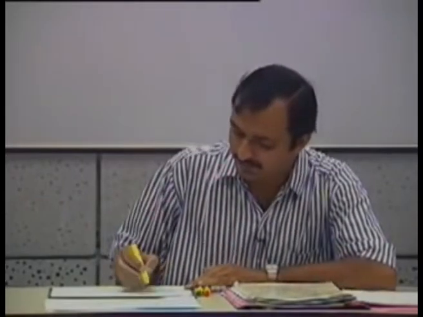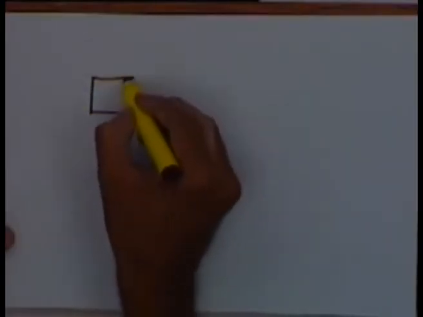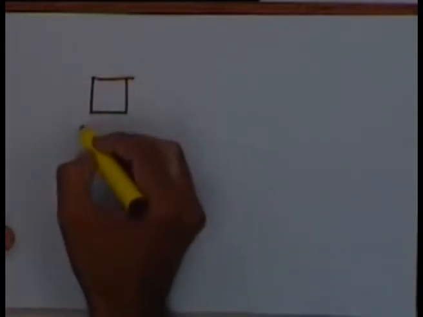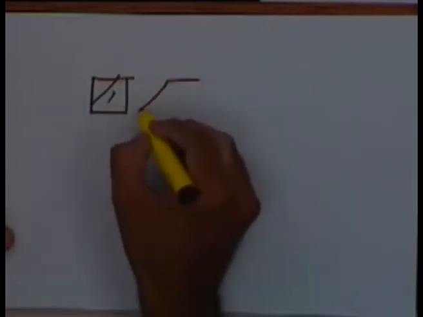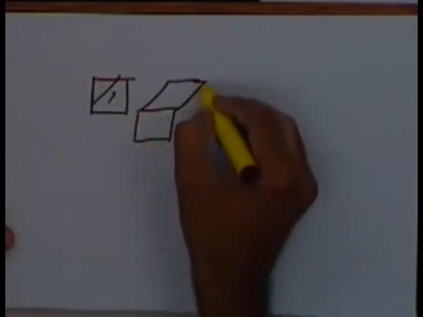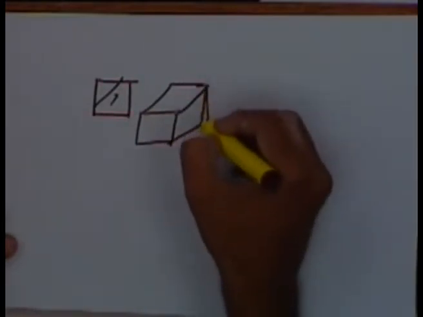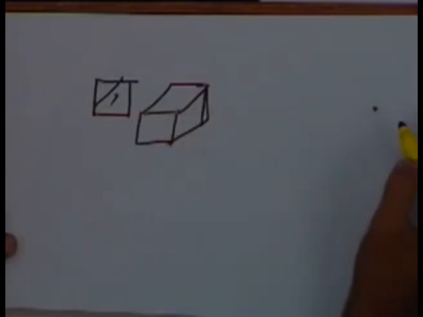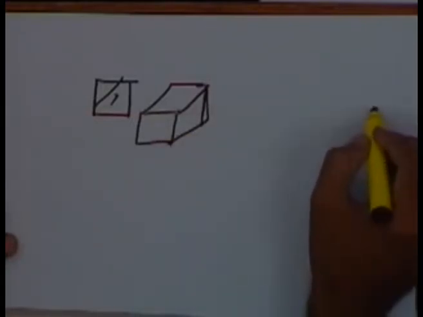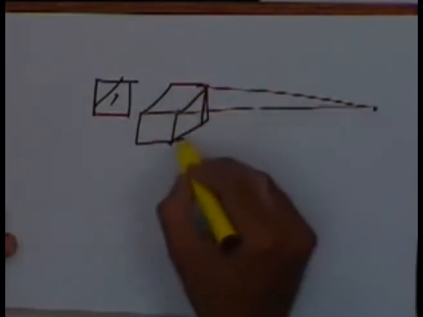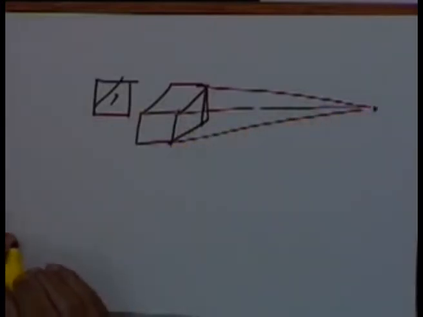Let's take a view like this, and we have an observer who is here. The lines that are coming to him, the projecting lines, would be something like this. The projecting lines coming to him are not parallel. It's a 3D effect.